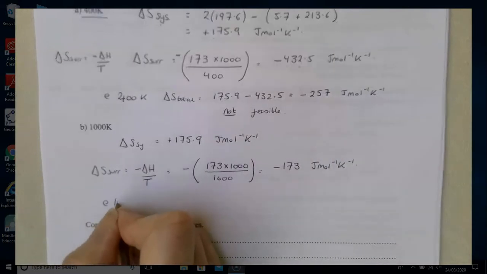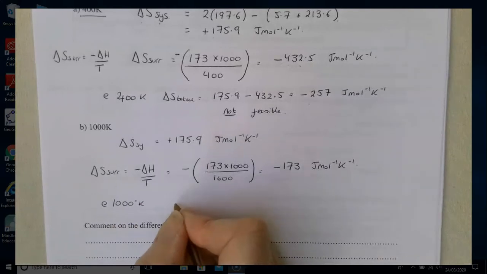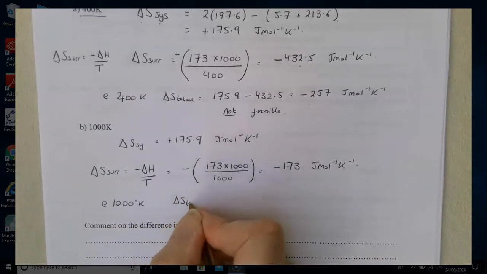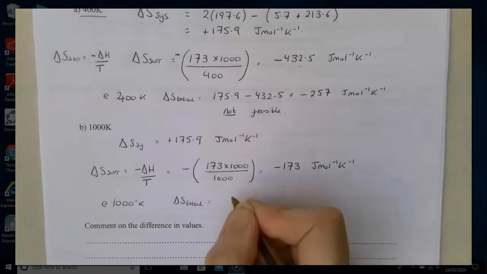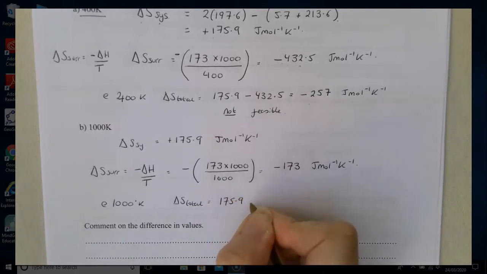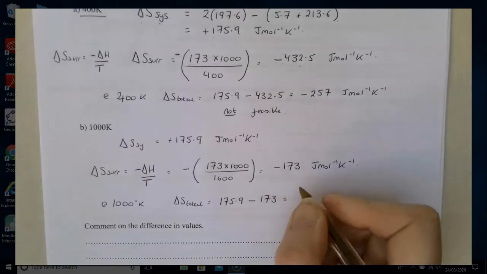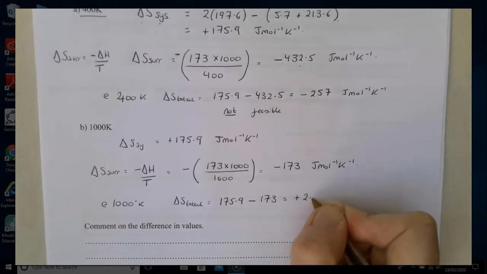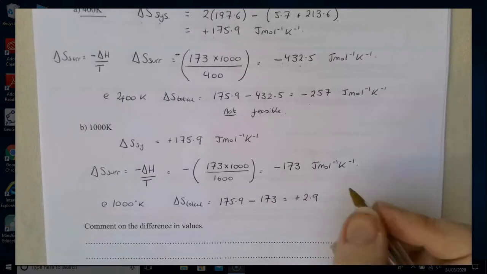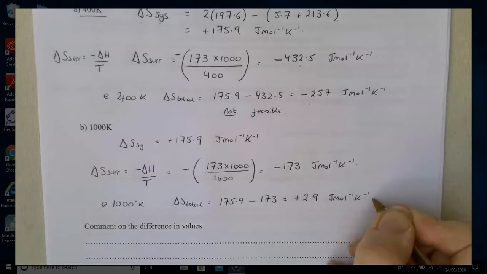Now, at 1,000 degrees Kelvin, my delta S total is equal to 175.9 take away 173. So now I get a positive number, positive 2.9 joules per mole per Kelvin.